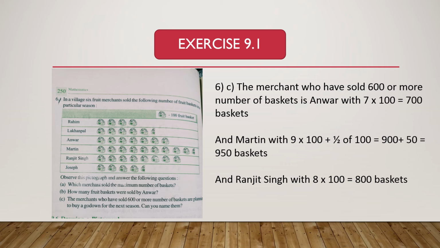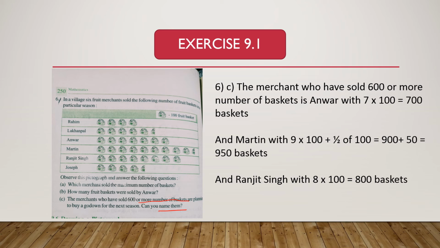Now third bit C. The merchants who have sold 600 or more number of baskets are planning to buy a godown for the next season. Can you name them? First we have to find out the number of fruit baskets that is sold 600 or more.